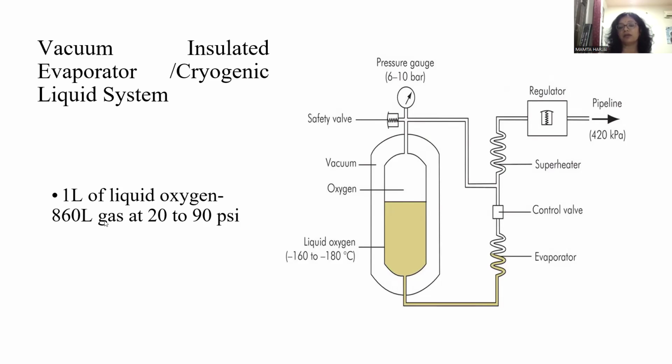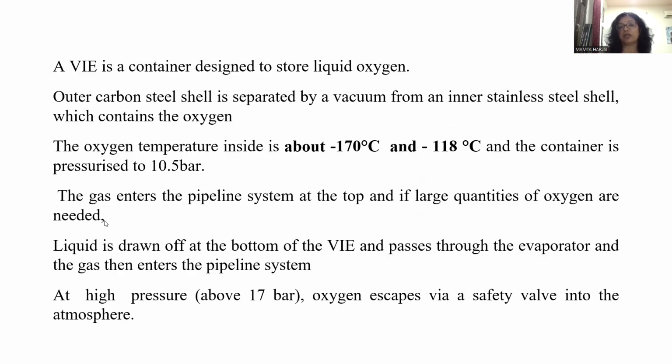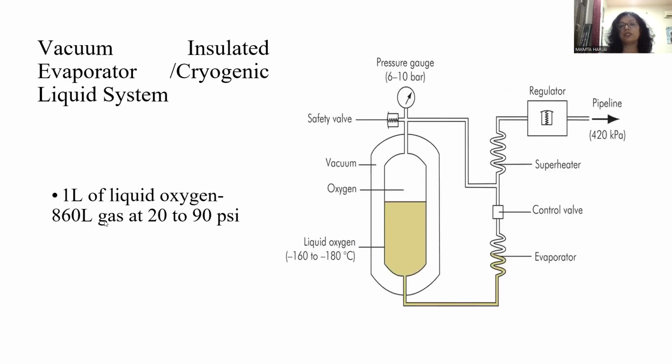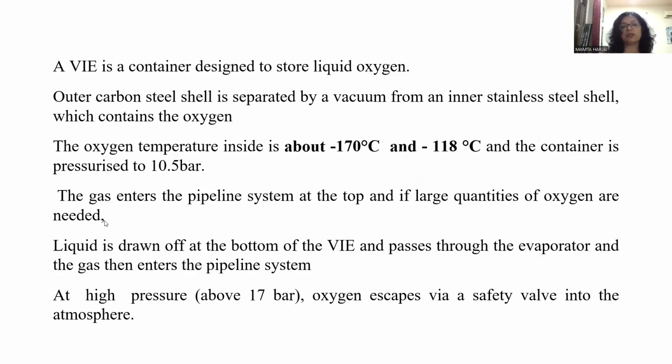And the gas above the liquid oxygen then passes through the steam superheater, and the temperature is raised, it evaporates and then goes into the pipeline system.